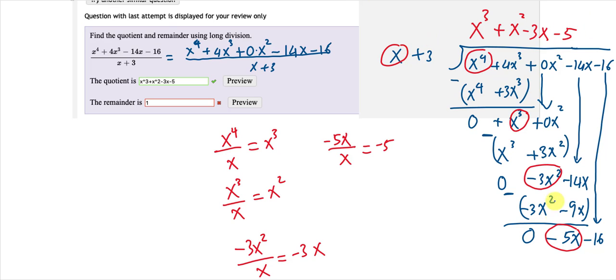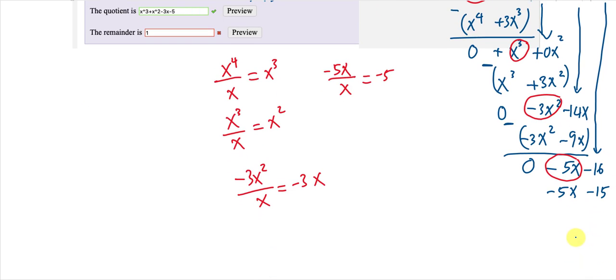I multiply by x, giving me minus 5x. Minus 5 multiplied by 3 gives me minus 15. And now we put them inside the parentheses. We do the subtraction. So minus 5x, minus becomes plus, so minus 5x plus 5x, that's 0. Minus 16, minus becomes plus, so minus 16 plus 15 is minus 1.